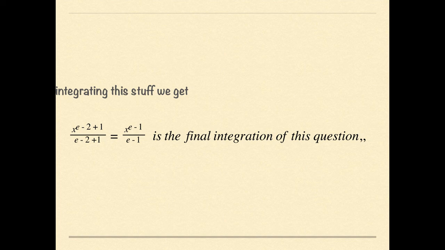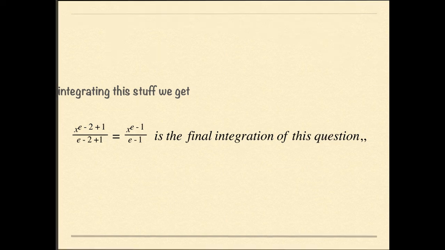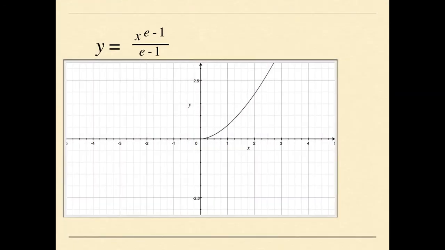If you are more interested in this equation or its graph, here it is. This is the graph of x to the power e minus 1 by e minus 1. So yeah, this is the final equation that can be taken out from this integration. And yeah, good luck.